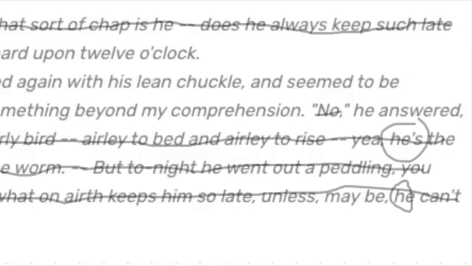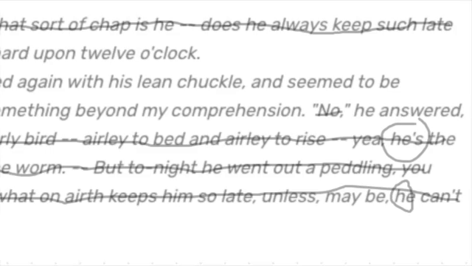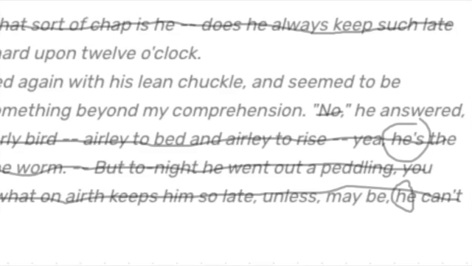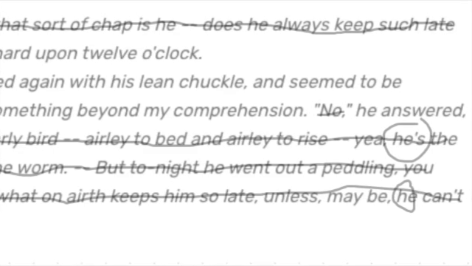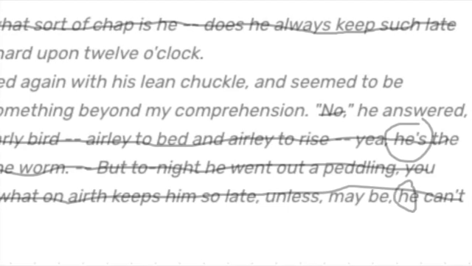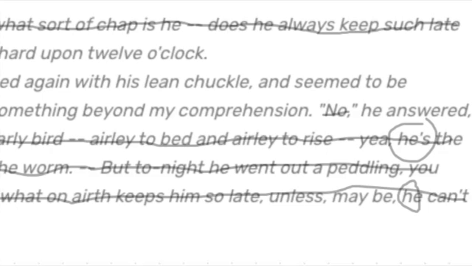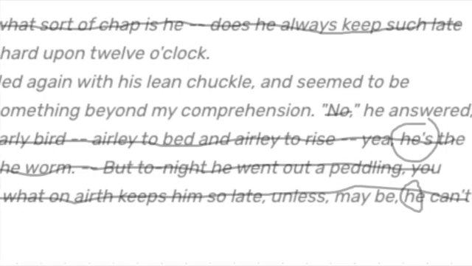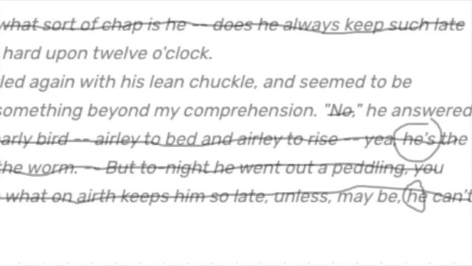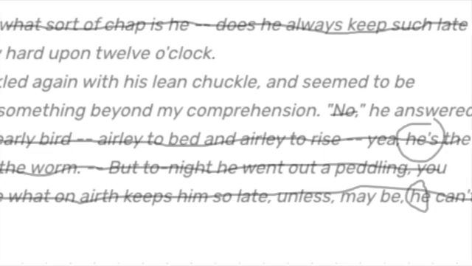Now let's look at this next example. "Landlord," said I, "what sort of chap is he? Does he always keep such late hours? It is now hard upon 12 o'clock." The landlord chuckled again with his lean chuckle and seemed to be mightily tickled at something beyond my comprehension.